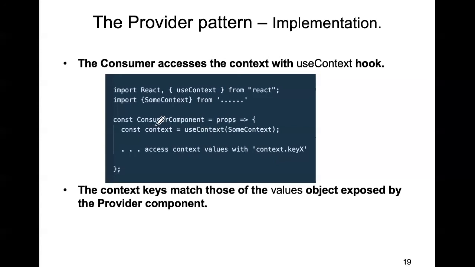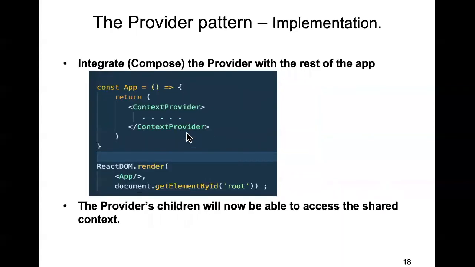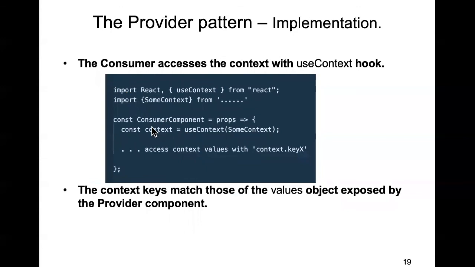This here is going to be a reference to this object here. Hence, the consumer now has access to particular global data that has been put into the context by the provider.